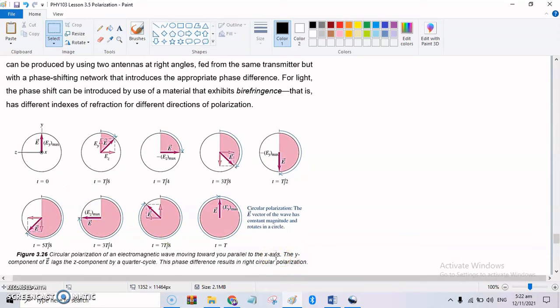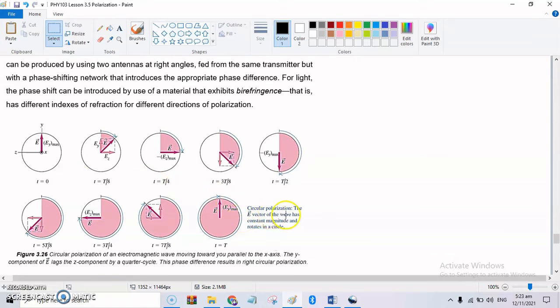So the vision of our eyes is the x-axis, the y-axis is the vertical, and the z-axis is the horizontal. Again, the x-axis will be our line of sight, the y-axis will be the vertical line, and the z-axis will be the horizontal line.